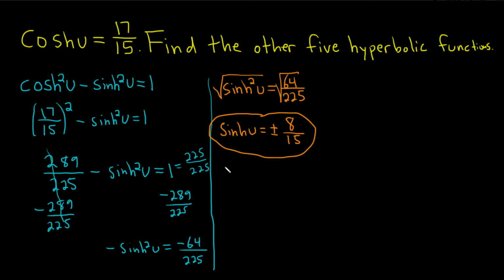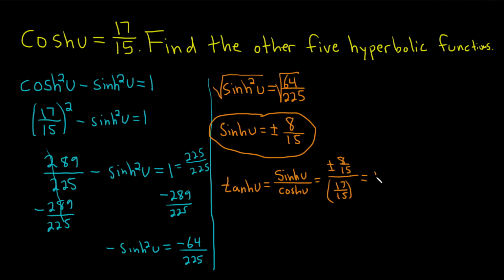So now we can find the hyperbolic tangent. Tanh of u is sinh of u over cosh of u. So you just divide the sinh by the cosh. Okay, so sinh is plus or minus 8 over 15, and then cosh is 17 over 15. When you're dividing fractions, you really multiply by the reciprocal.